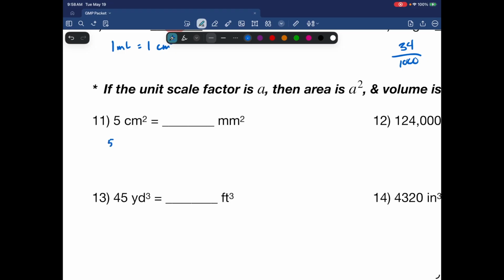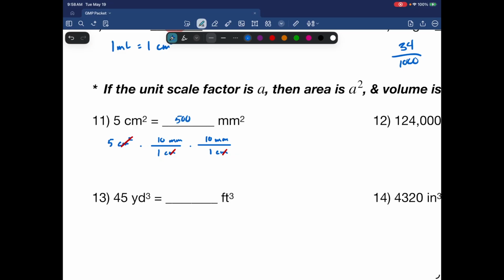I have 5 centimeters squared, and I would need to say 1 centimeter is 10 millimeters, and I need to do that twice so that I get rid of the centimeter squared and introduce a millimeter squared. So that's 5 times 10 times 10, which is going to give you 500 millimeters squared.